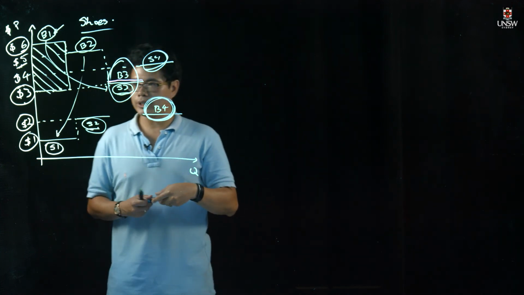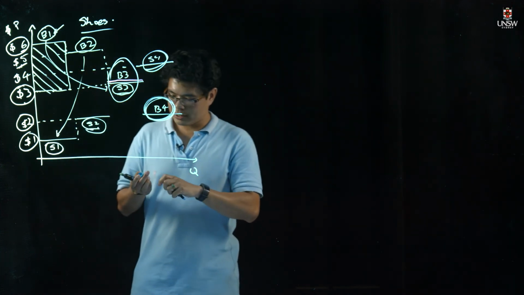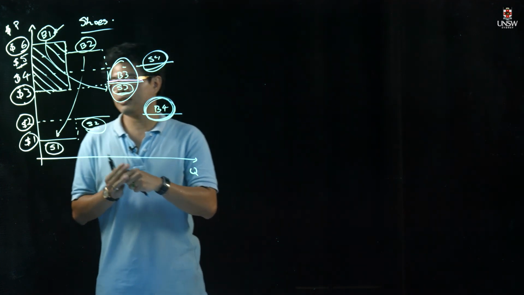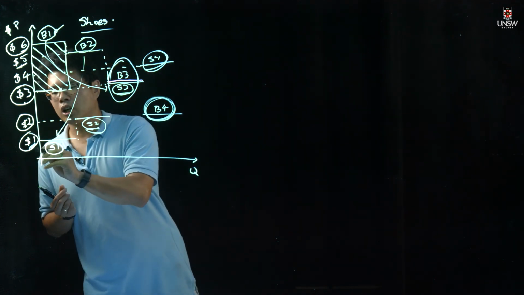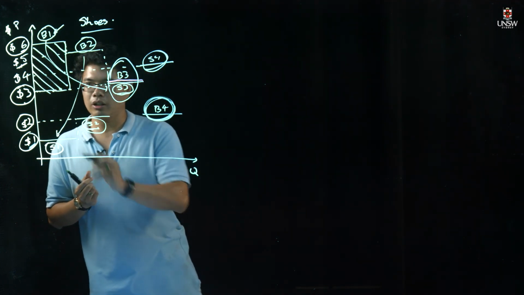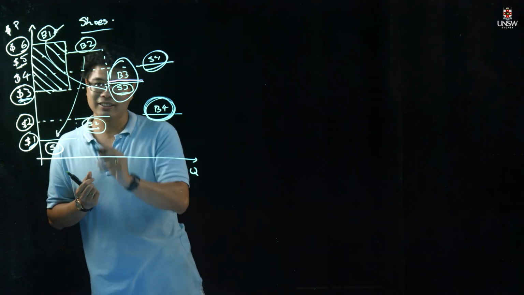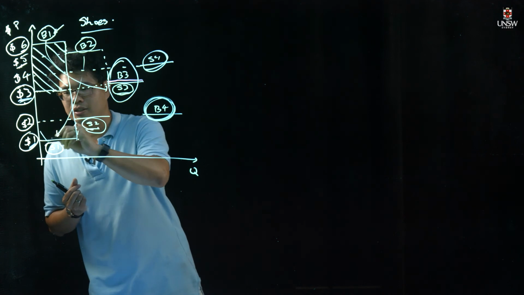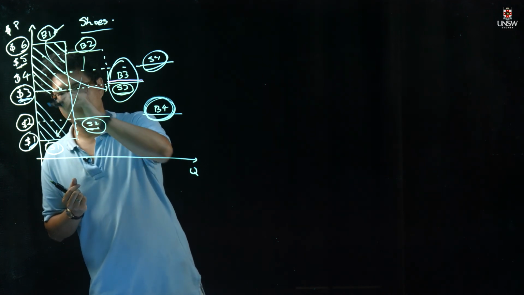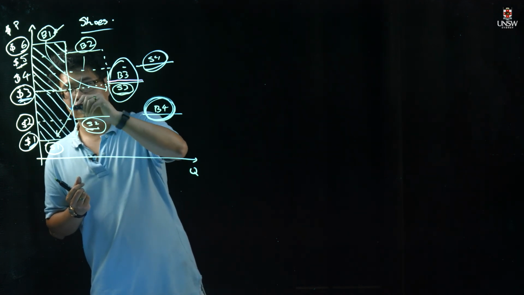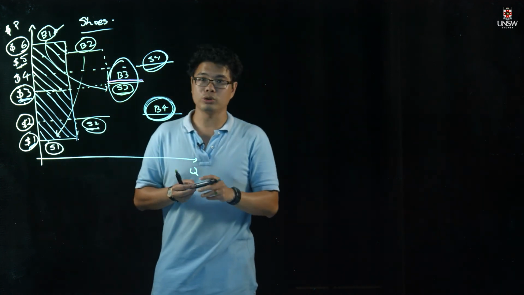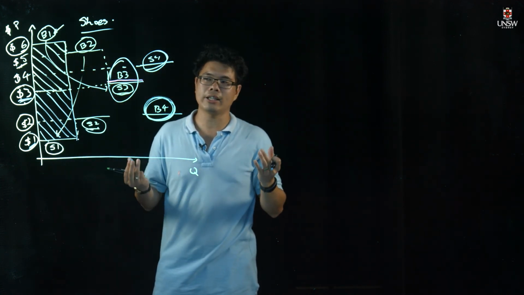How about for the producers? Think about seller one. His marginal cost is just $1, but he's managed to sell it at $3, hasn't he? This is what we also call producer surplus. That's basically the idea.